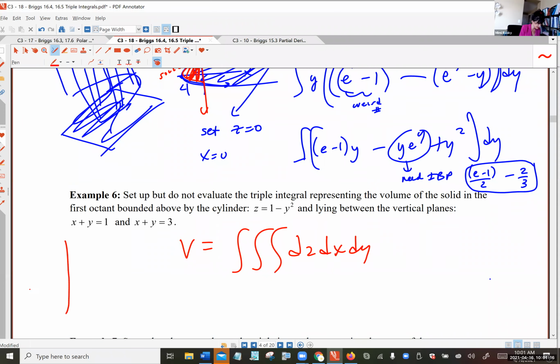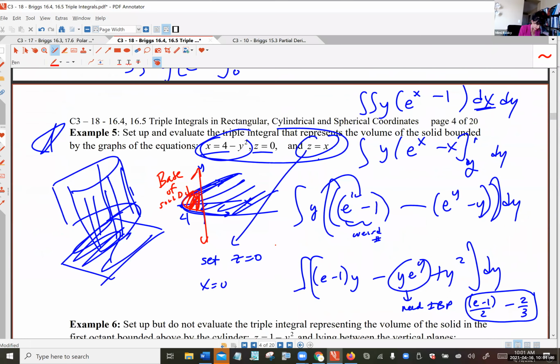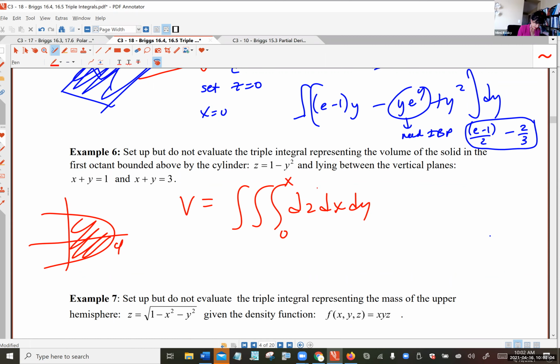I think I did. I said it was leftmost facing, and I graphed it rightmost. So it's supposed to be actually, sorry, I'm trying to go way too fast. It's supposed to be like this, leftmost facing. You guys didn't even catch it. Oh, you're too tired. So z is going from 0 to x.